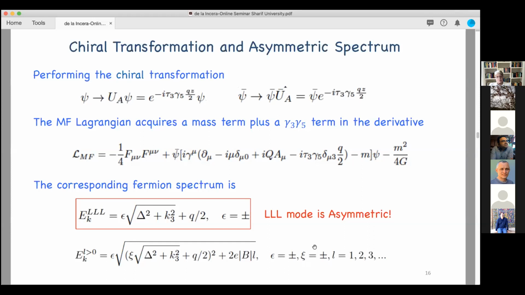Okay. Another question is, what kind of observable do you expect in quark matter, in experiments and so on? How can you check it? What kind of observable do we expect for this phase?